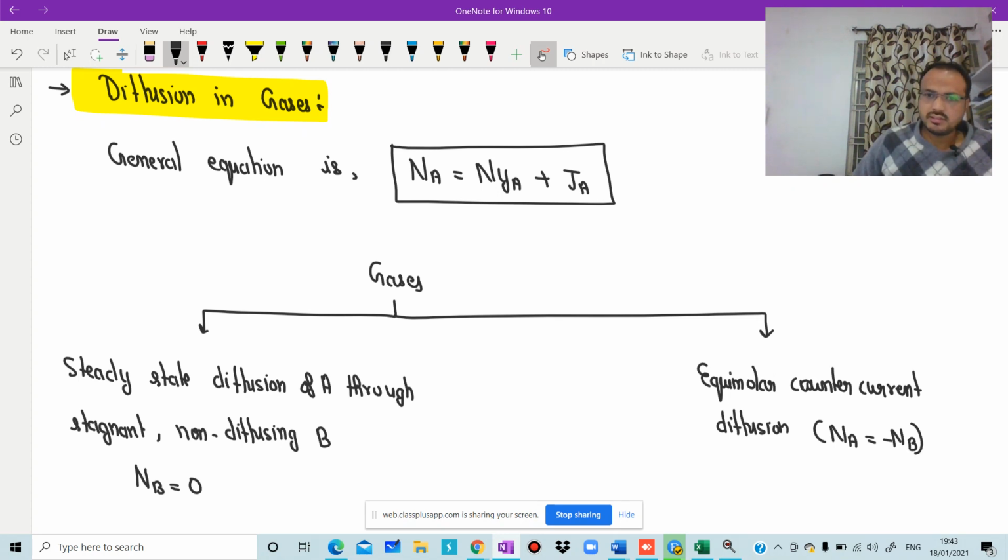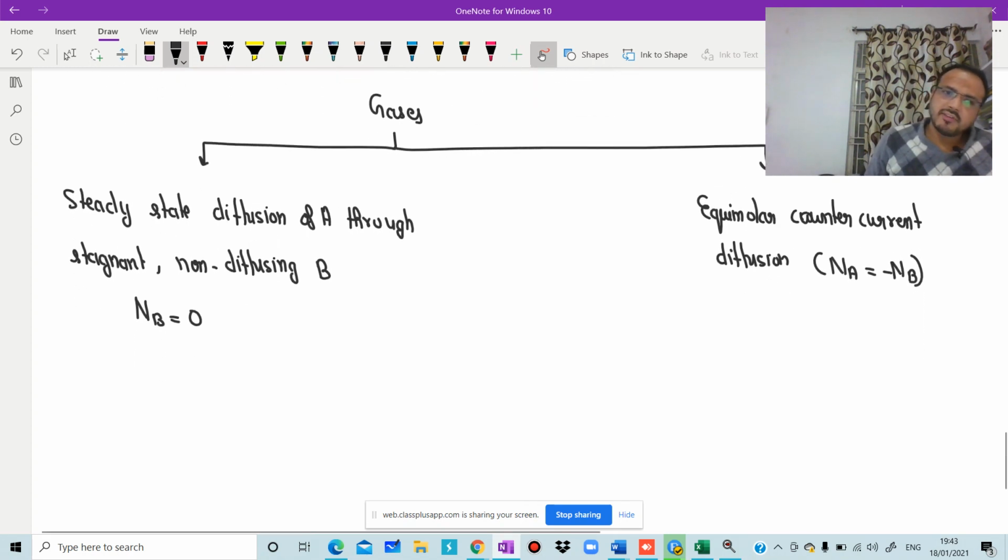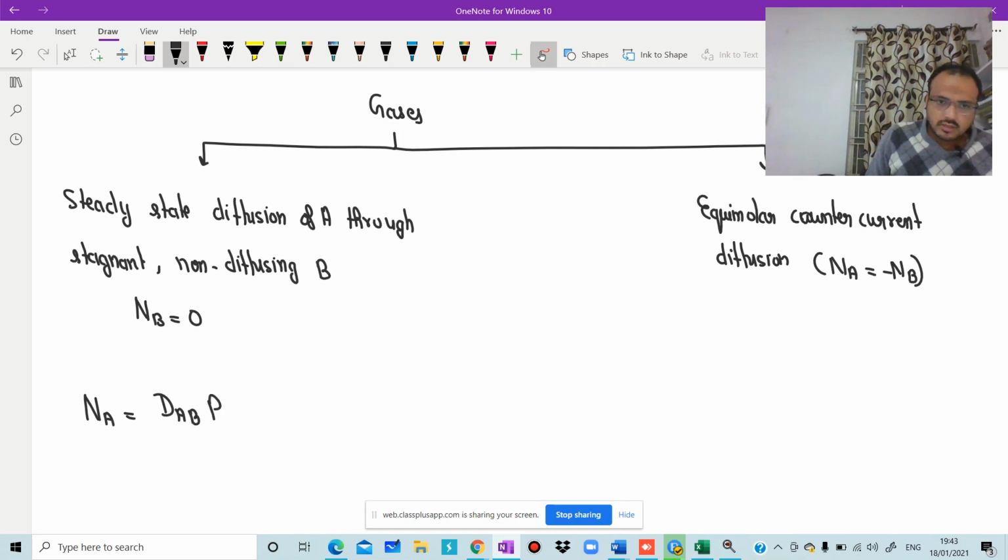When we put these terms in the above equation, for the first case we get the formula NA is equal to DAB P by RTZ, into PA1 minus PA2, the partial pressures, divided by PBM. You know my notation: either small pA or pA1 bar, both are the same.